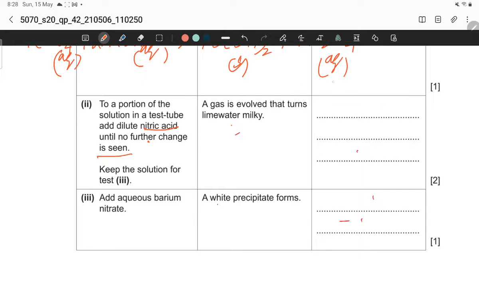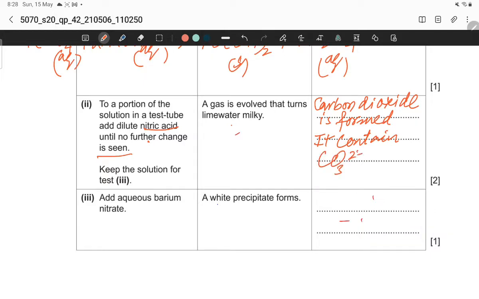The first mark is that carbon dioxide is formed, and if carbon dioxide is formed in the solution, it means that the solution contains carbonate ions, carrying the second mark.